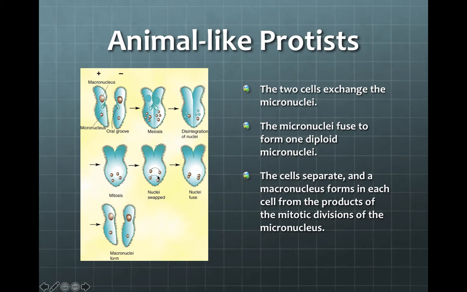The micronuclei fuse to form one diploid micronucleus, and the cells separate, and a macronucleus forms in each cell from the products of the mitotic divisions of the micronucleus. All right.